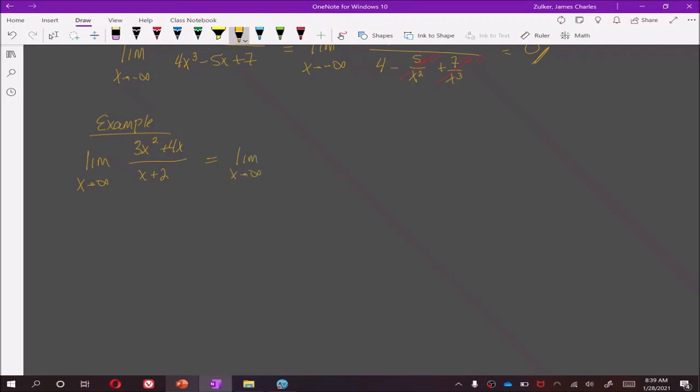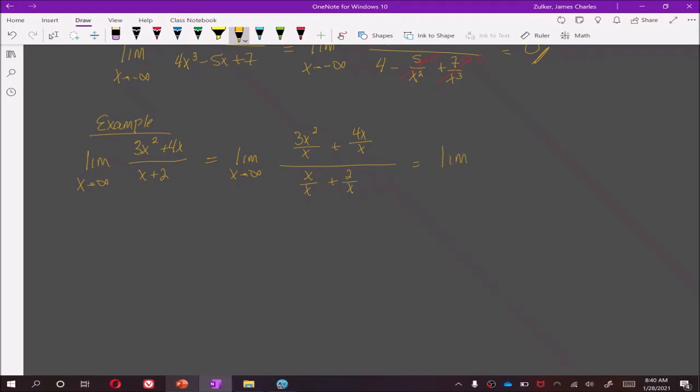So limit as x goes to infinity. Again, we want to look for the highest power in the denominator and divide everything by it. And highest power happens to be x, so 3x squared over x plus 4x over x all over x over x plus 2 over x.